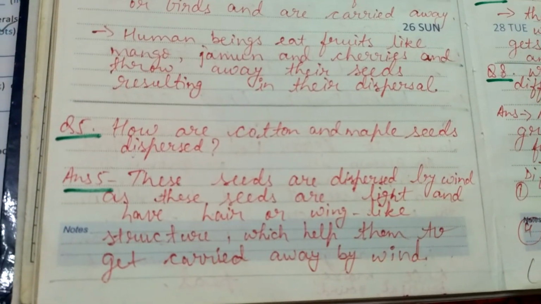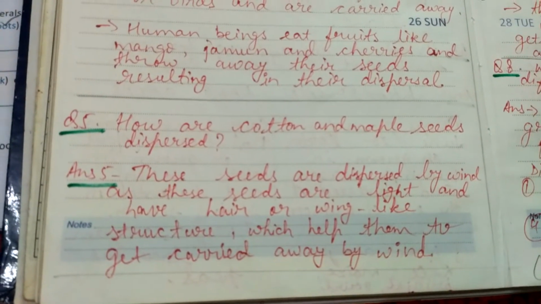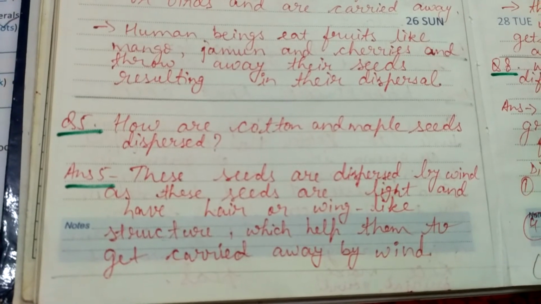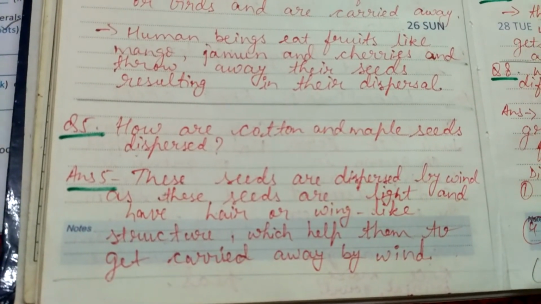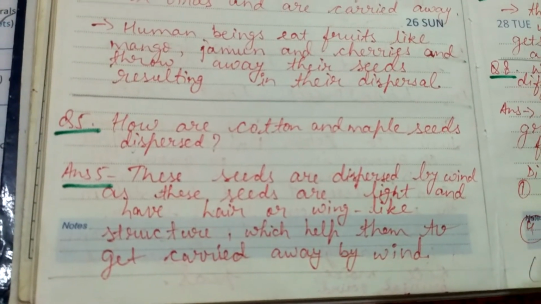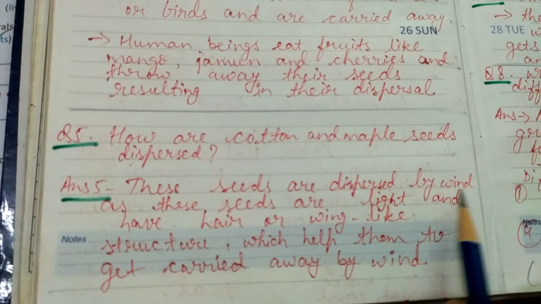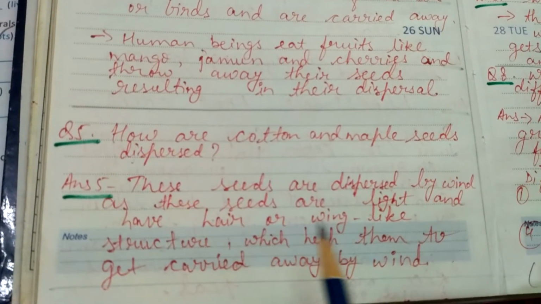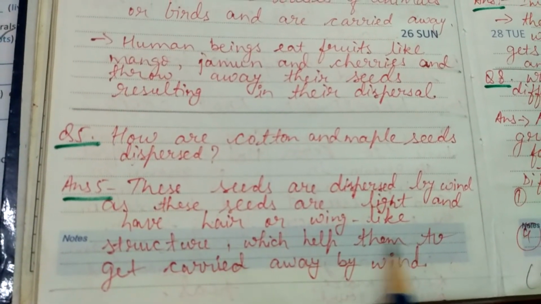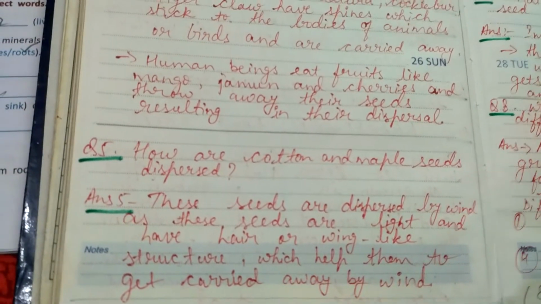If seeds have to be dispersed by wind, they should be very light in weight, or they should have wing-like or hair-like structures which help them be carried away with the help of wind.